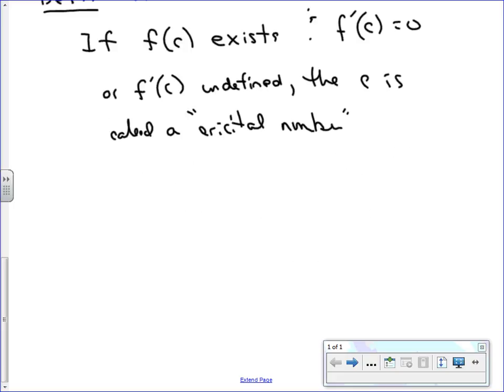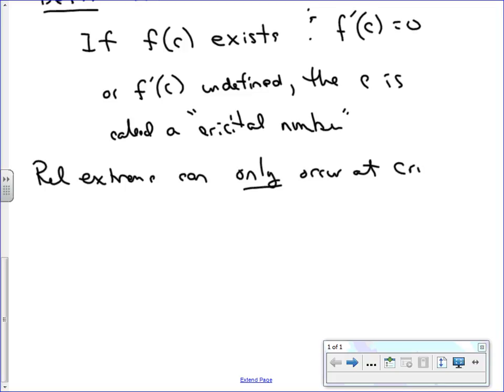Relative extrema only occur at critical numbers. That's the only place they can happen. Relative extrema can only occur at critical numbers. And again, that's leaving off the possibility of a relative max or min at an endpoint. We're just going to treat endpoints a little bit differently.